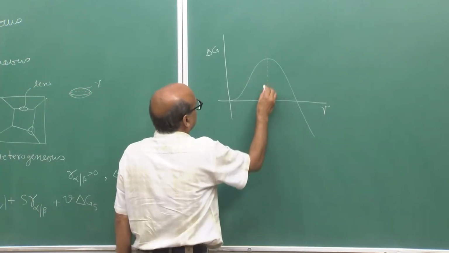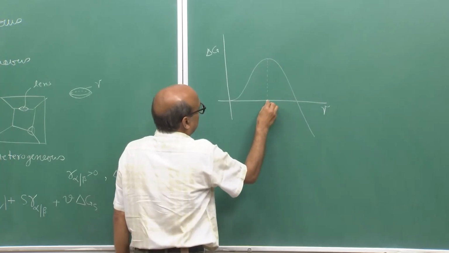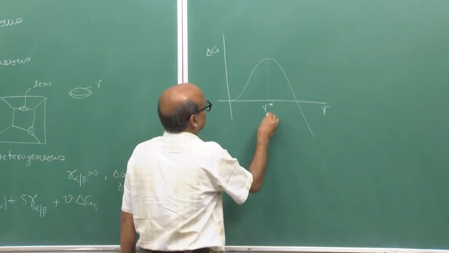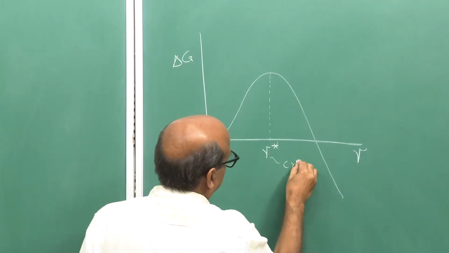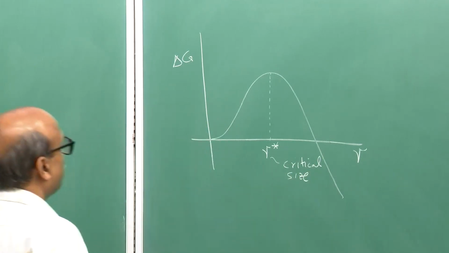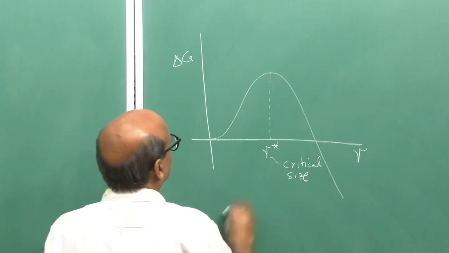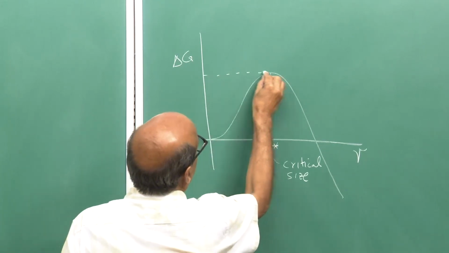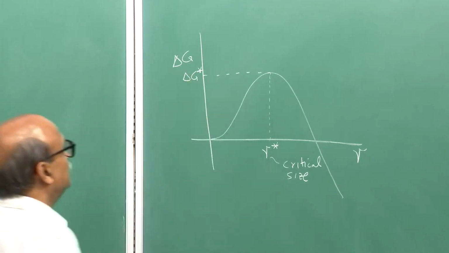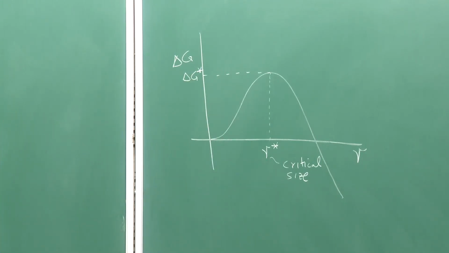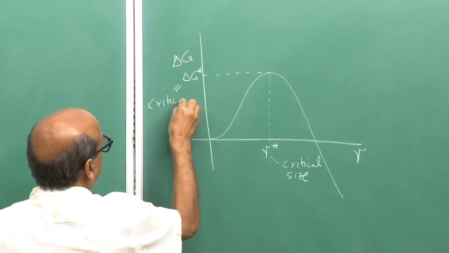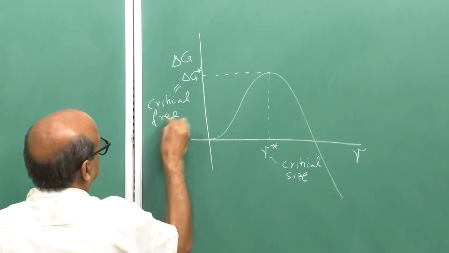This peak in free energy occurs at a size which has been called the critical size R star, and corresponding to this critical size there is a critical change in free energy, delta G star, the critical free energy.